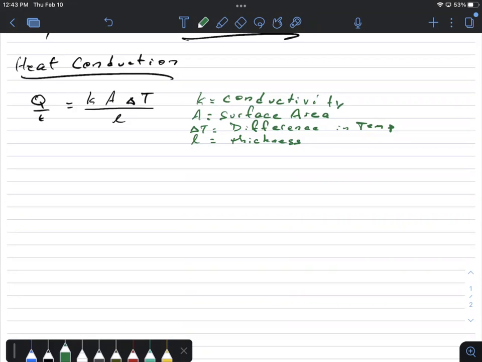Now, what I want to do this time is to talk about what we introduced at the end of last class, which is what happens when we don't just have a single material allowing energy through, but we have multiple layers of different materials. So for instance, what if we have something like this? We have a wall.